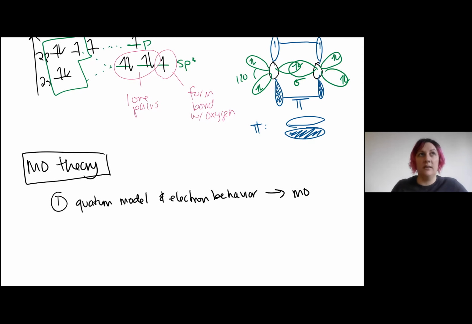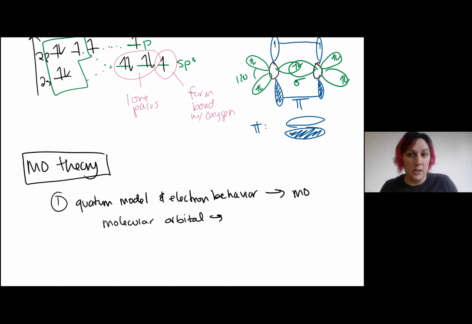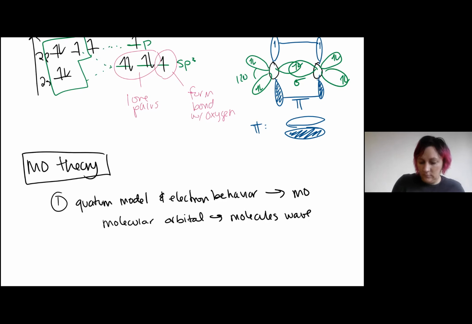And what we're going to do here is our molecular orbital is really like the wave function for the bond, for the molecule. So we're going to see constructive and destructive interference.